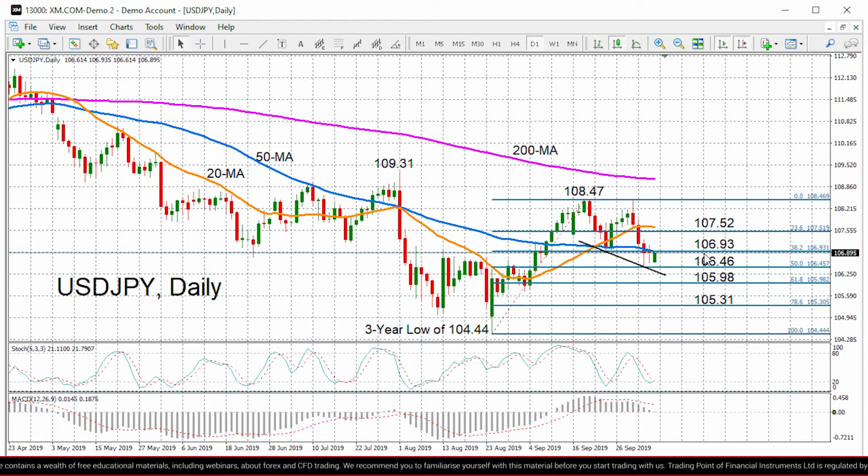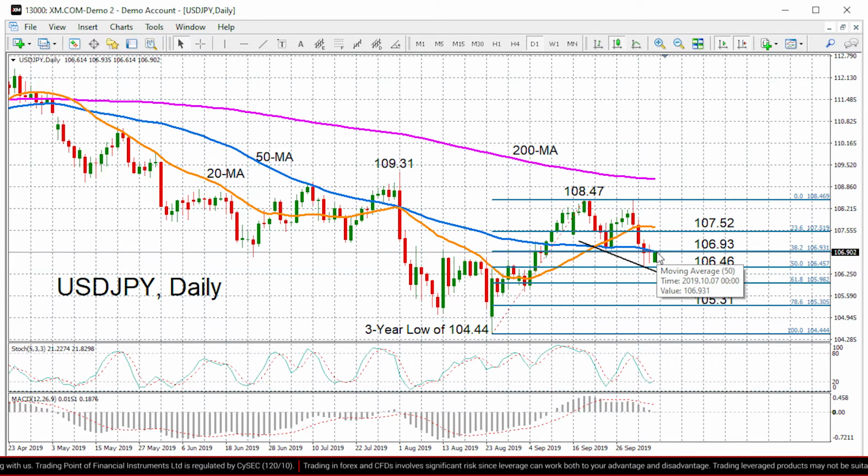There is stiff resistance coming at the 38.2% Fibonacci retracement of the leg from 104.44 to 108.47, so that's at 106.93, also where the 50-day moving average currently lies.